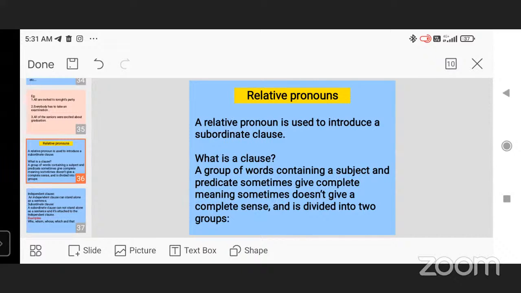Sometimes it gives a complete meaning, sometimes it does not give a complete sense, and it is divided into two groups. My dear, somebody has unmuted and there is a little disturbance, just mute yourself. In a sentence it must have a subject and predicate.